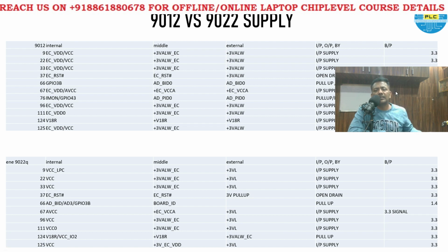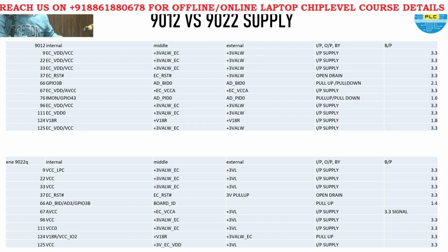Now this one is supply. First is the 9012 internal supply. See, the middle one is actually the external name. Here, what supplies are going on? Pin numbers 1, 22, 33, 37, 66, 90, 67, 76, 96, 111, 124, 125.